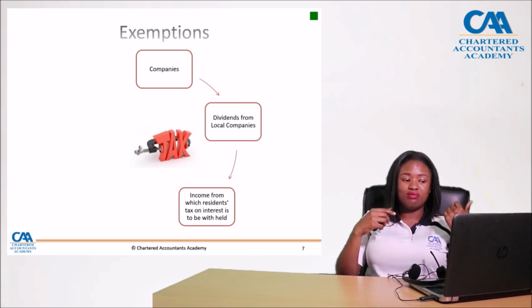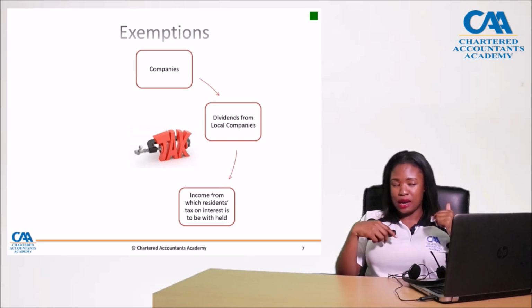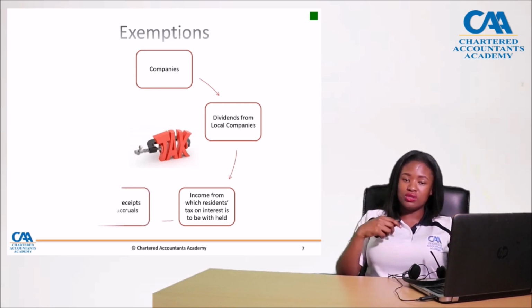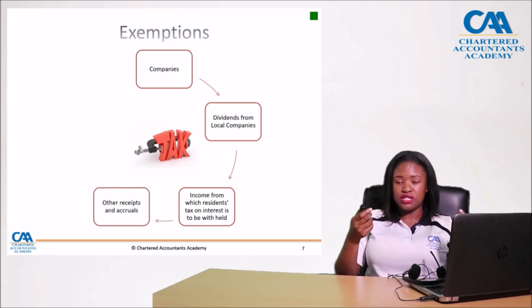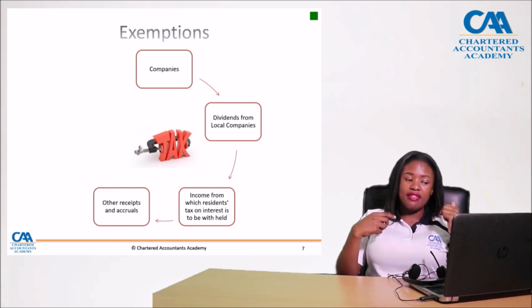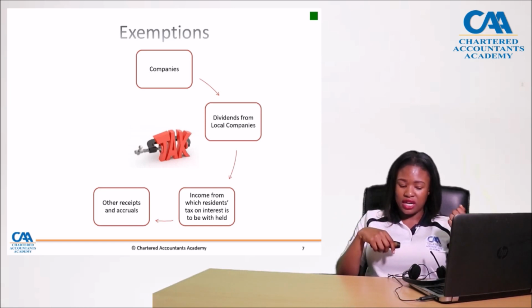And then there are also, if I could say, other receipts and accruals which arise for different entities. For example, the RBZ, those are exempt. Building societies are also exempt. And then lastly but not least, and also quite obviously, non-profit organizations.